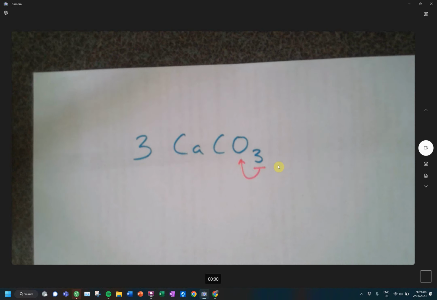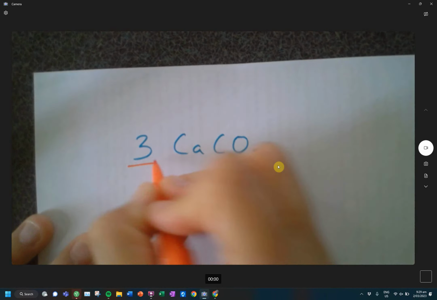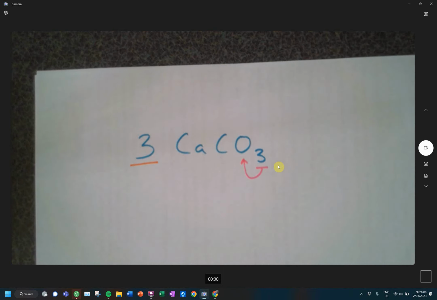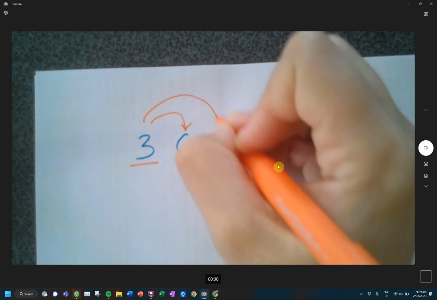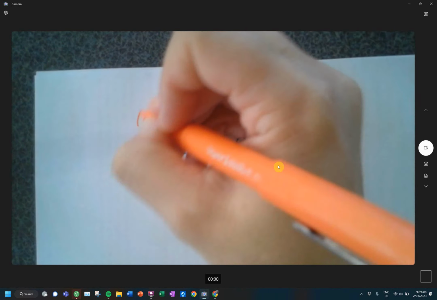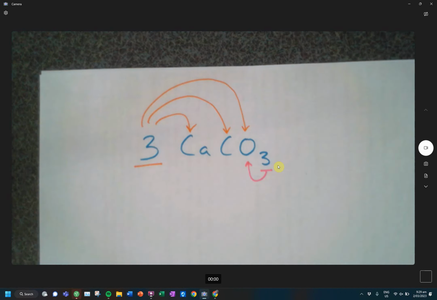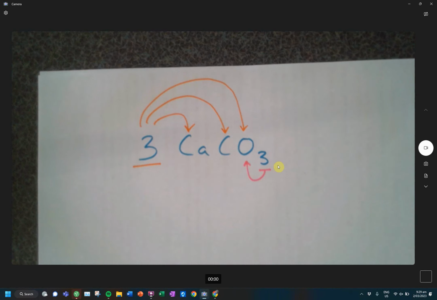The second thing we have to keep in mind is our coefficients, which are the ones in front, and that applies to everybody behind it. So it's going to apply to the calcium, it'll apply to the carbon, and it'll apply to the oxygen. So let's first start off by counting my calcium.